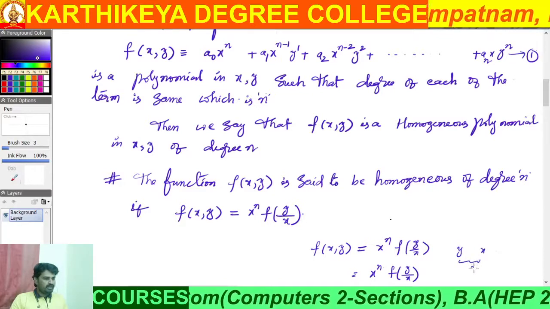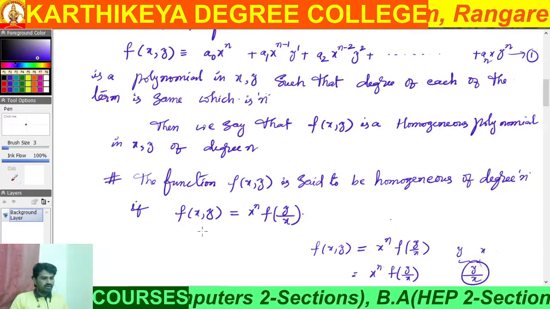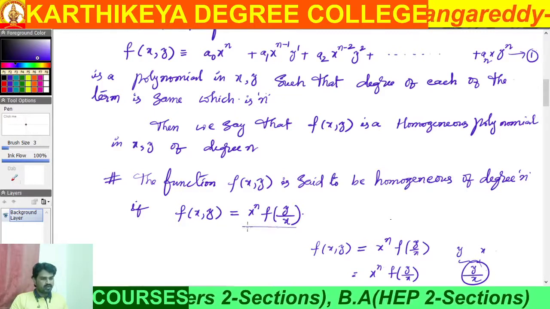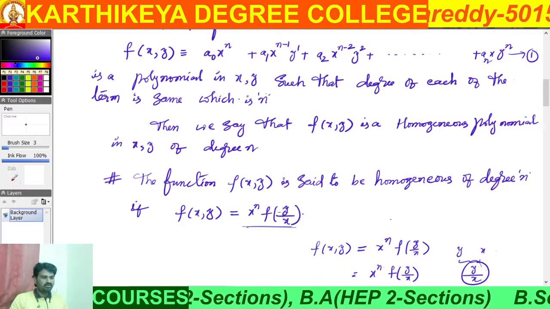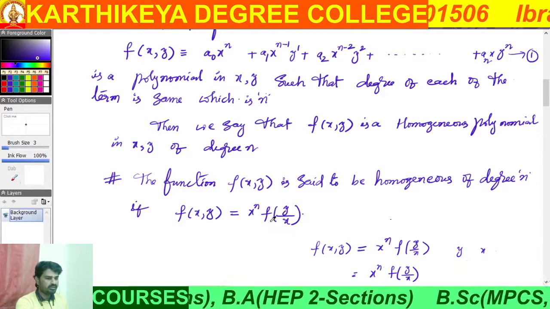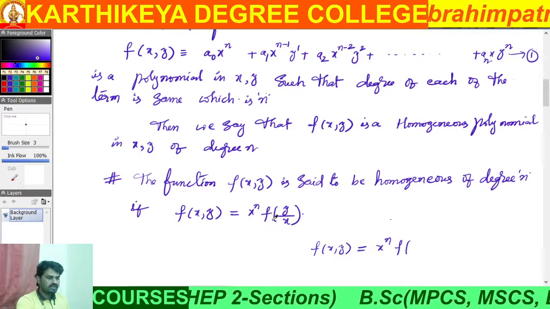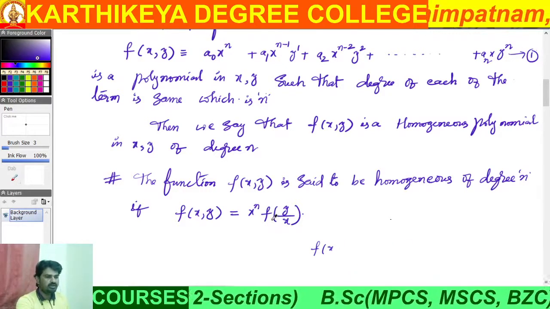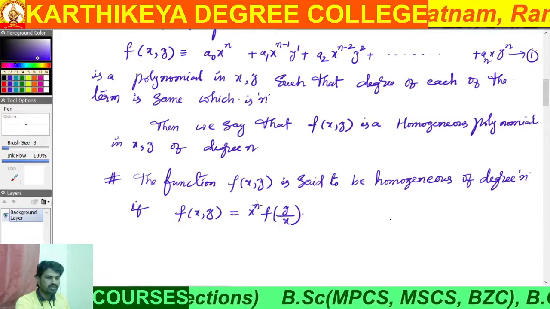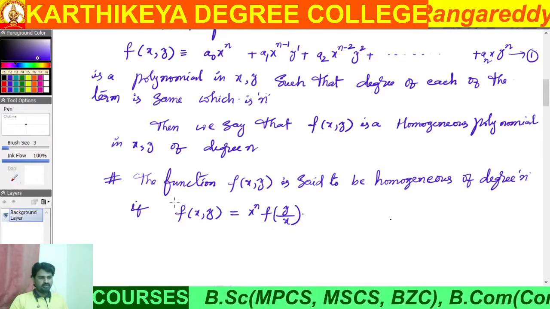Finally you will get the variable y by x term. So if you convert f of xy into this form, x to the power of n into f of y by x, that is a function in y by x, you will say that function is said to be a homogeneous function of degree n. This is the main definition of the homogeneous function.